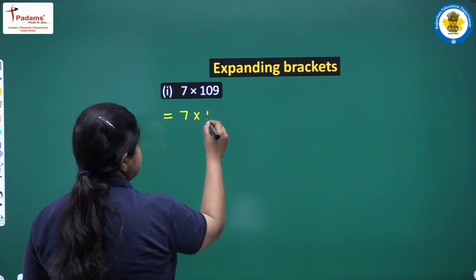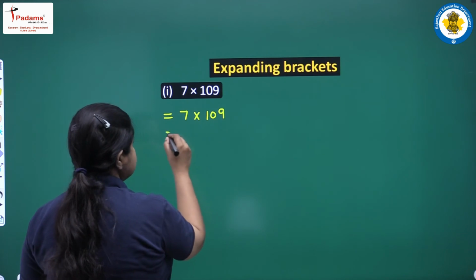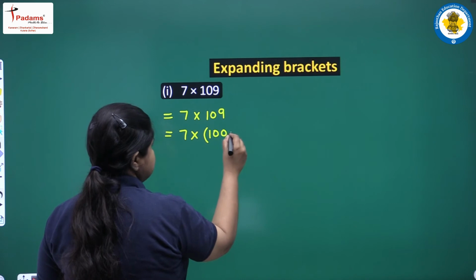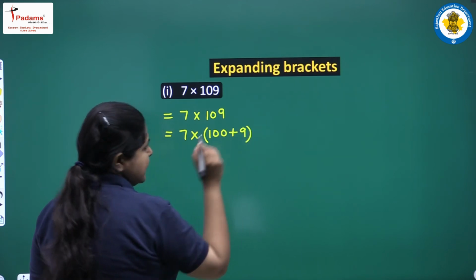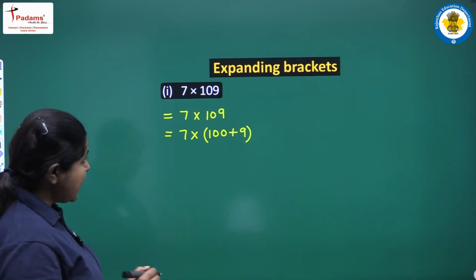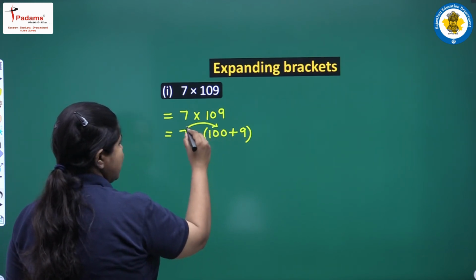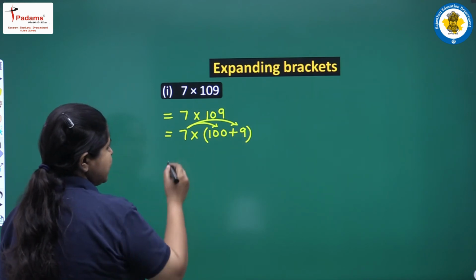7 into 109 we are having. We will break this 109 and we can write it as 100 plus 9. Now, this 7 will be multiplied to 100 also and to 9 also.